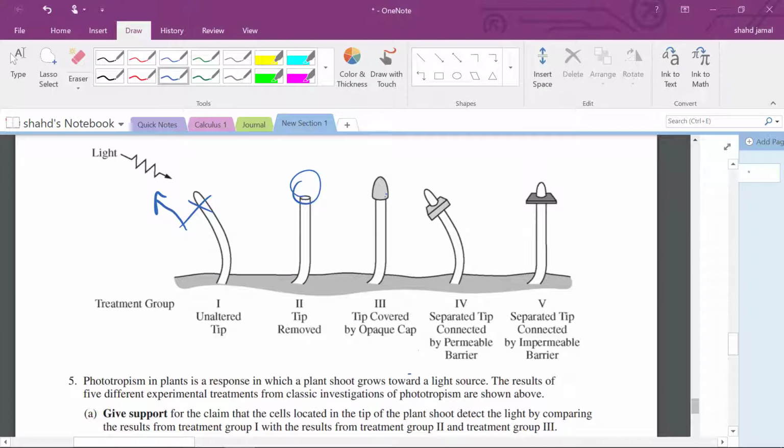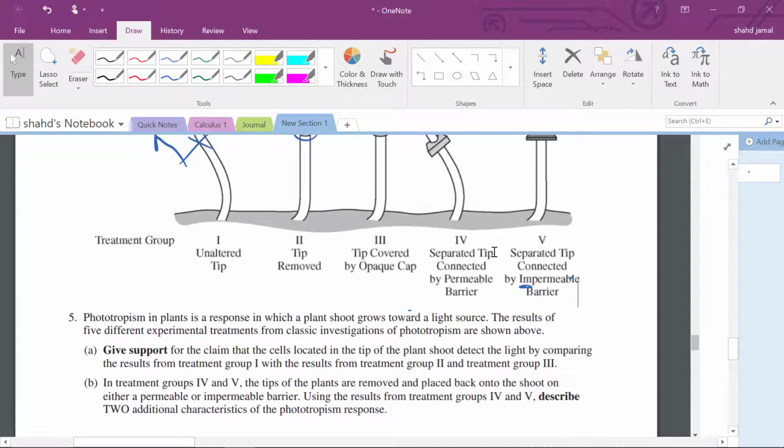As for treatment number 4, it's a separated tip connected by a permeable barrier, and we're going to discuss this in more detail in a bit. And as we can see, it's bending towards the light. And for number 5, it's a separated tip connected by an impermeable barrier, and as a result, it is not bending towards the light.